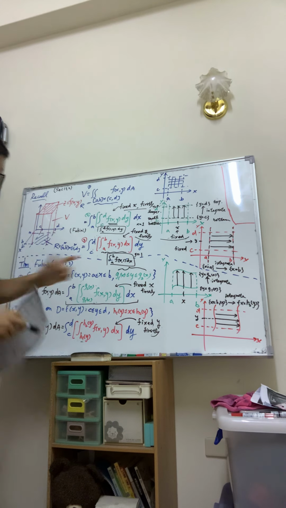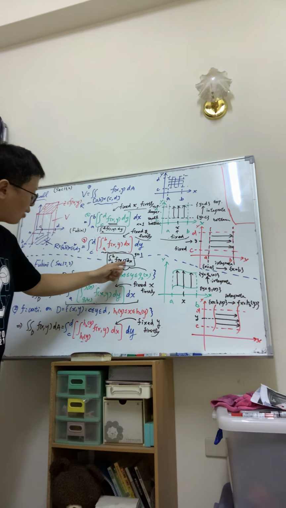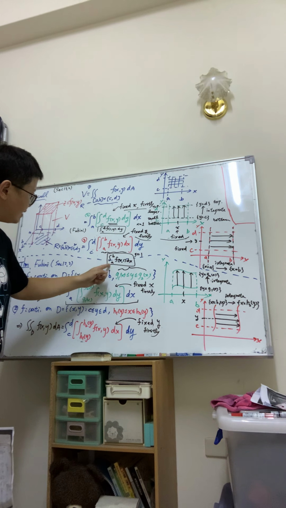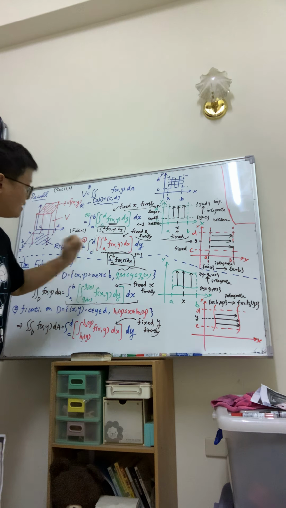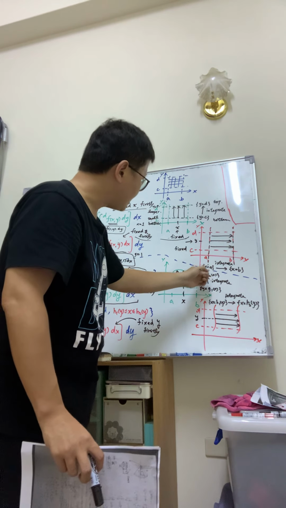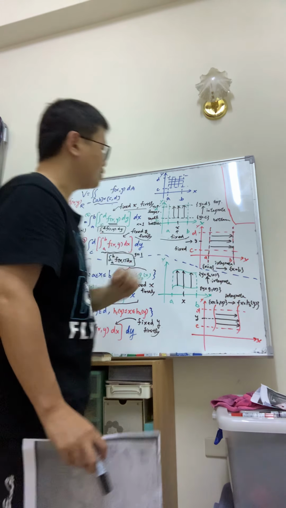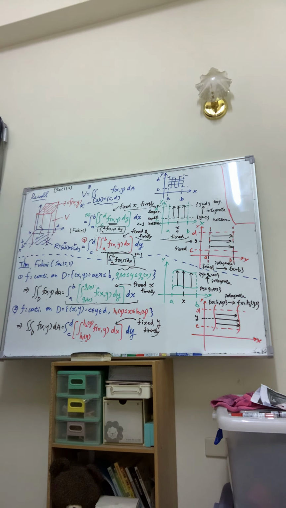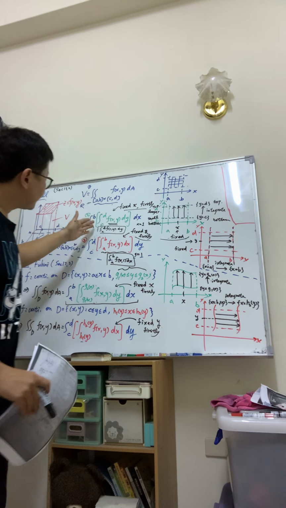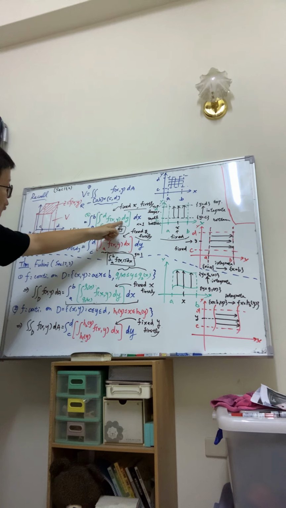We fix y, for example let y be 1, and integrate the function f of x, 1 from x equals a to x equals b. So we fix y and integrate from the line x equals a to the line x equals b. But now let's see the difference. Here, for this result, we fix x, with x between a and b, and now we integrate y.